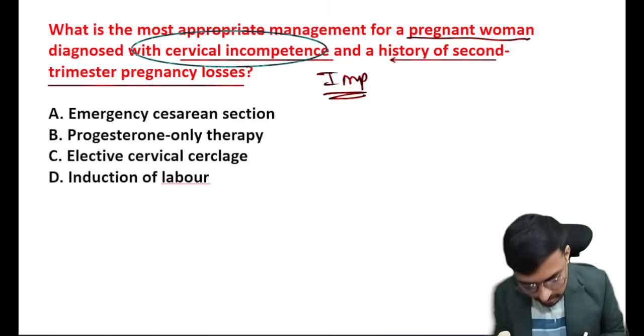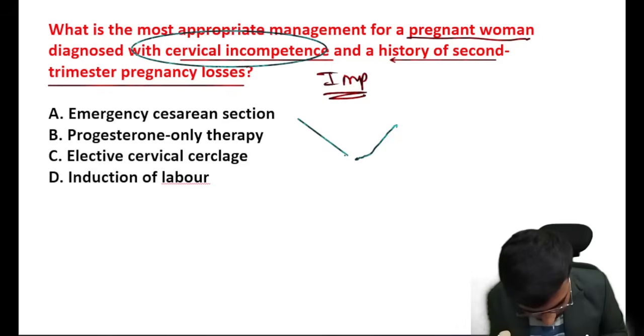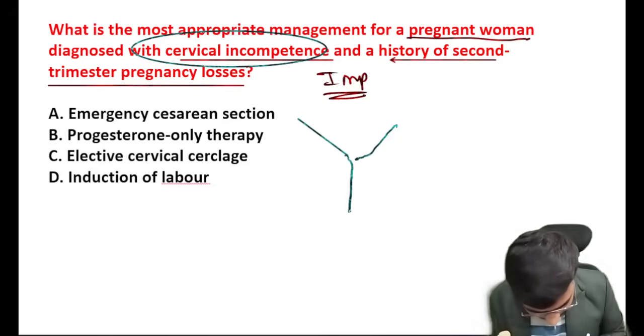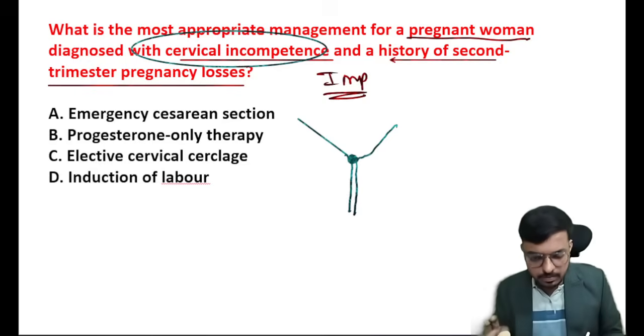Look at this image. This is our uterus, and this is our cervix. This is the internal os. This internal os should and must be completely closed.